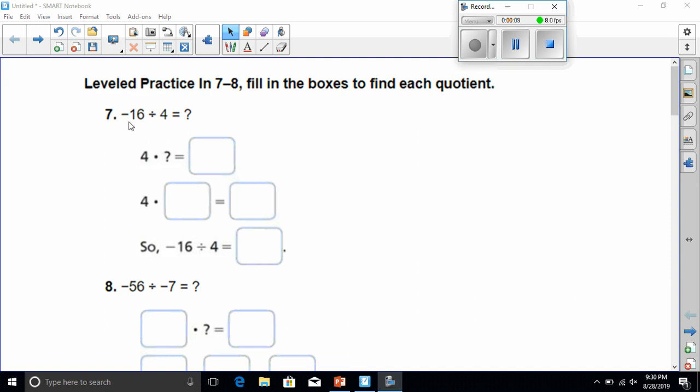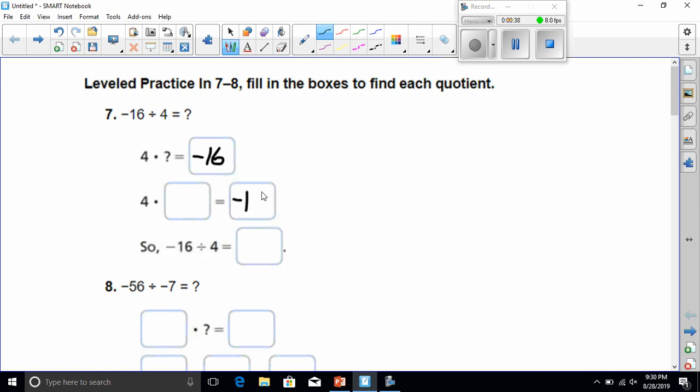Number 7 says negative 16 divided by 4. So this is 4 times some number will equal, well, that's pretty easy, negative 16. Next, 4 times some number equals negative 16.